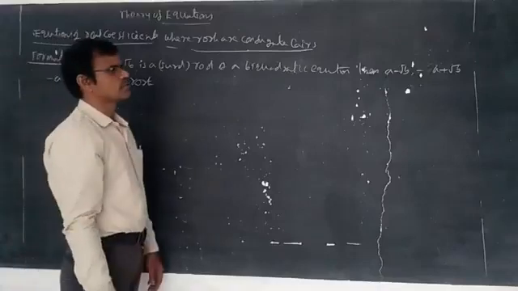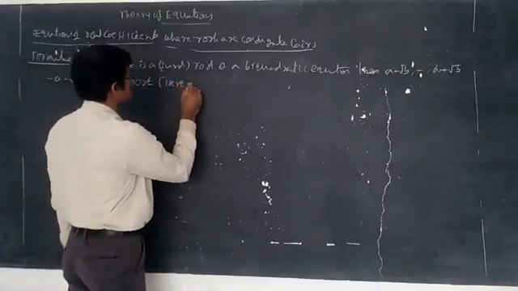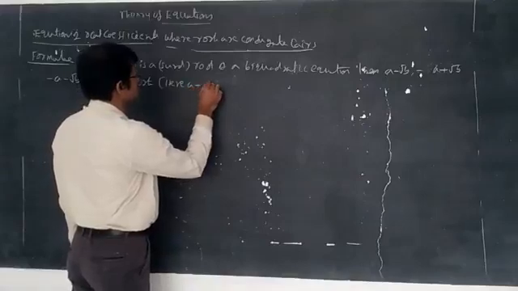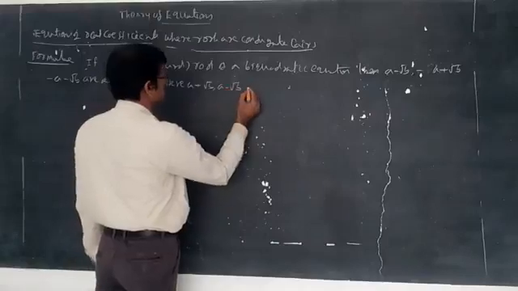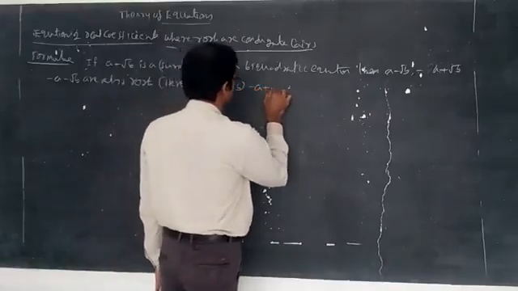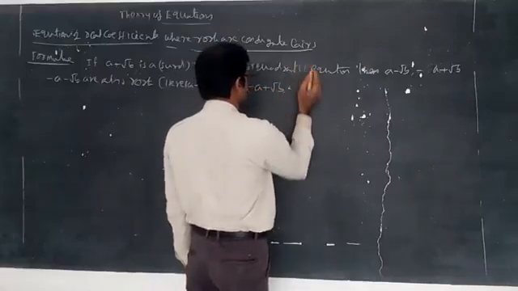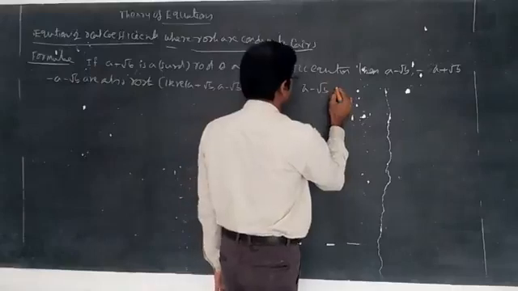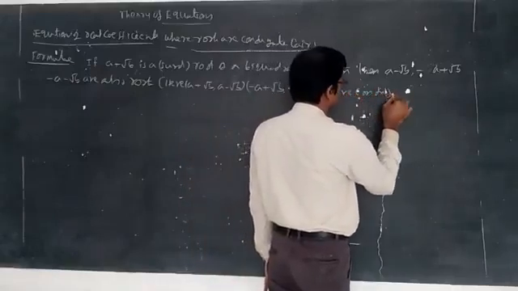Here a plus root b, a minus root b are conjugate surds. This is a group, and minus a plus root b, minus a minus root b are conjugate surds separately.